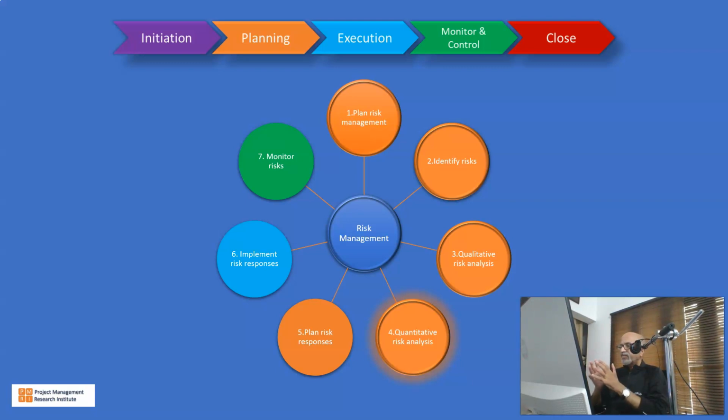So after performing qualitative risk analysis, we will have a prioritized list of risks based on their probability and impact. The next step is quantitative risk analysis.